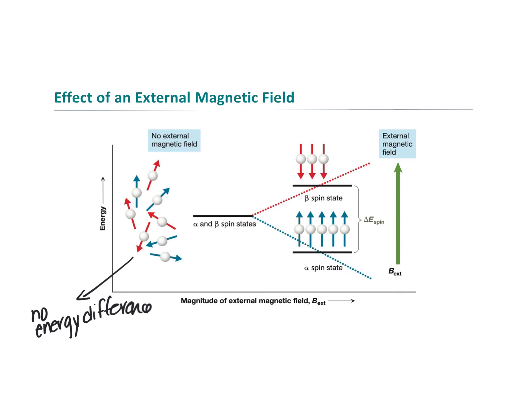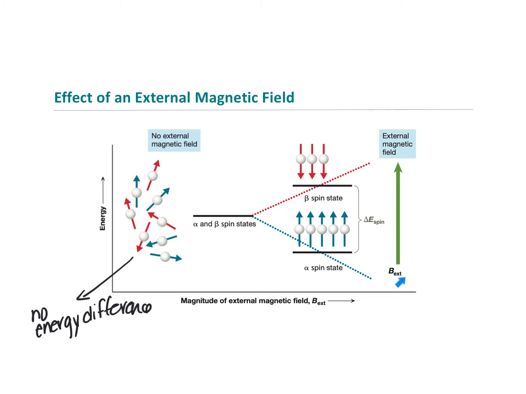But in the presence of an external magnetic field, that situation is different. So think about it. If you throw a bunch of bar magnets on the floor and they're just going to be in these random directions, but if you were to take another big magnet and move it over them, all of a sudden they're going to align, or they're going to line up. So that's basically what we do in NMR: we have this big external magnetic field, that big magnet that you saw in our very first slide.